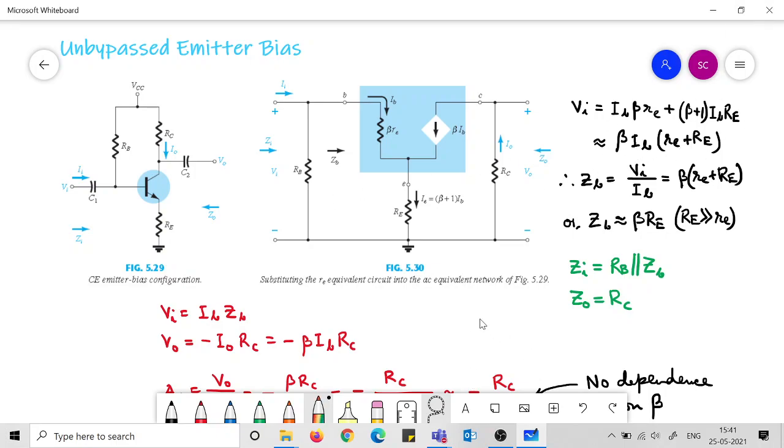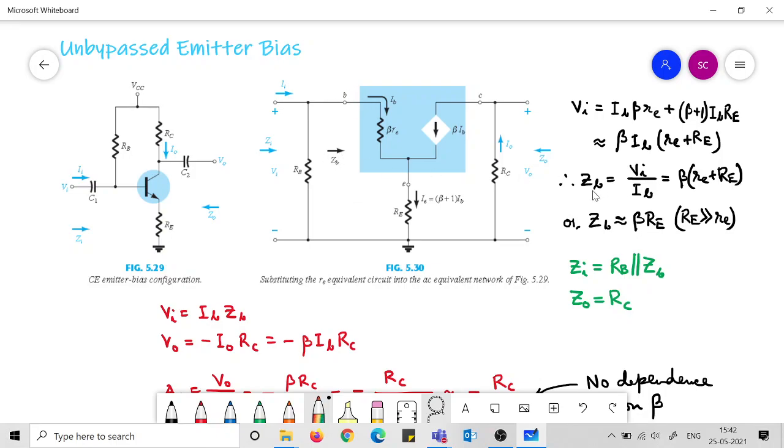Now what is Zi? To know Zi, we first try to understand what ZB is, and if we can get ZB between these two points, then Zi will be nothing but RB parallel to ZB. IB is the current flowing into this point, Vi is the voltage across this point, so Vi by IB would be ZB.